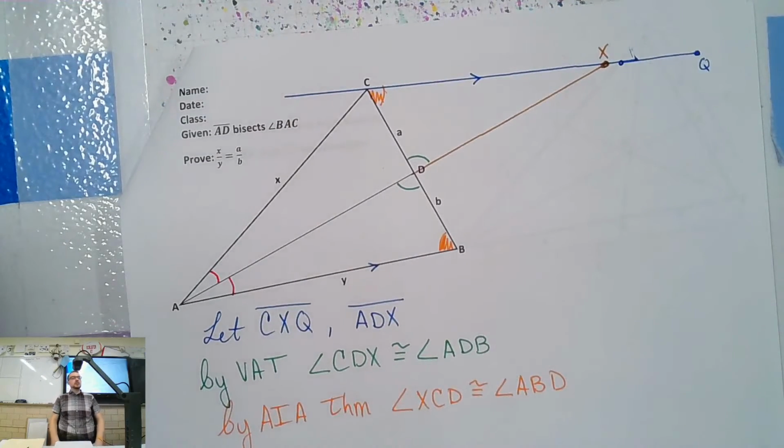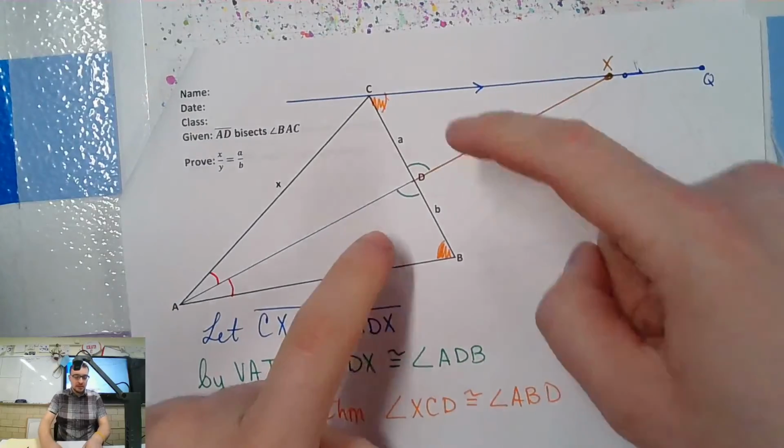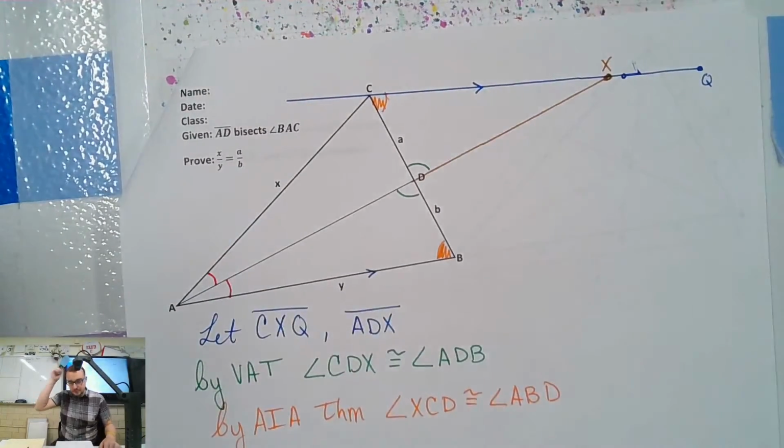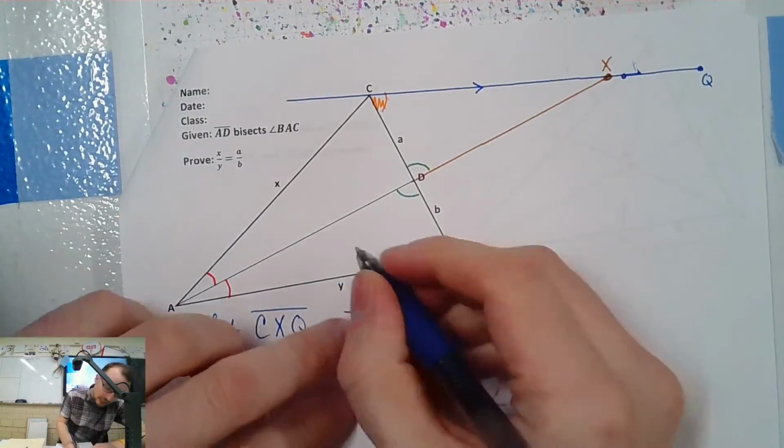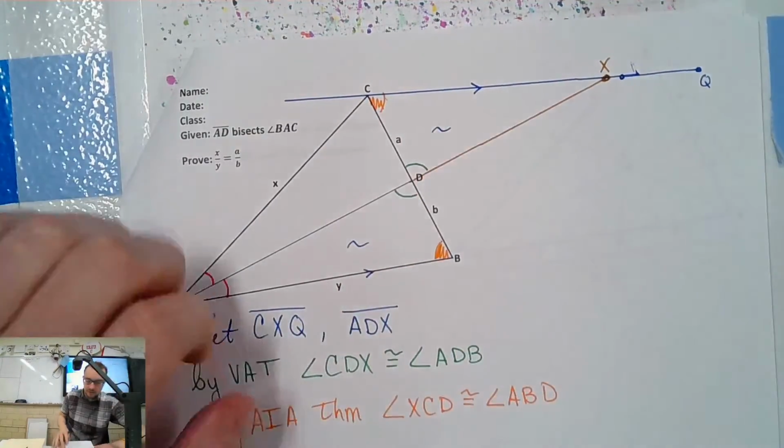So which triangles did we just prove similar? By alternate interior angles theorem, these two, easy. By angle, angle, we know that these two are similar. So I'm going to write a little similar symbol so you don't forget that.